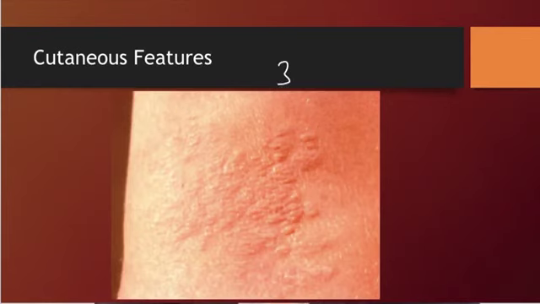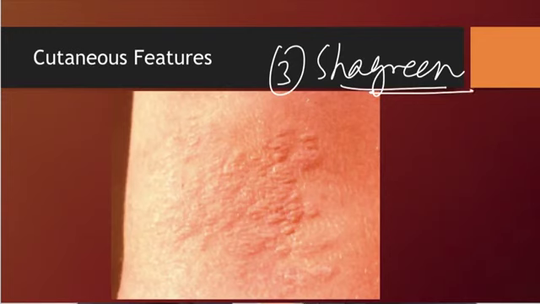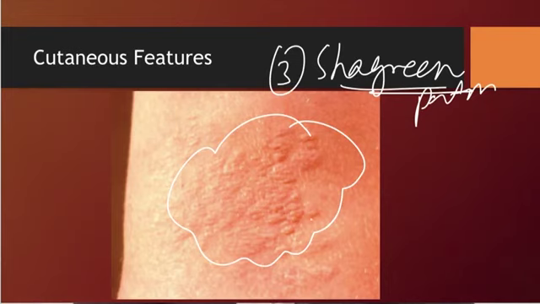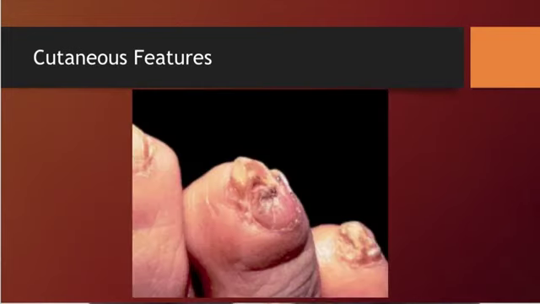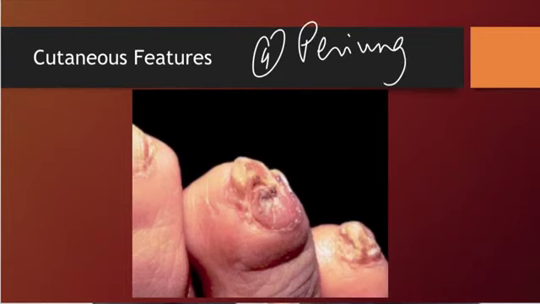Next is shagreen patch. This is again a major feature like the other two we discussed. Shagreen patch appears like this irregular papillosquamous growth on the skin. Next major feature are these periungual fibromas.